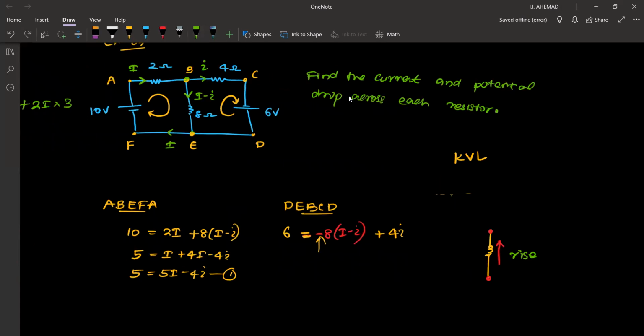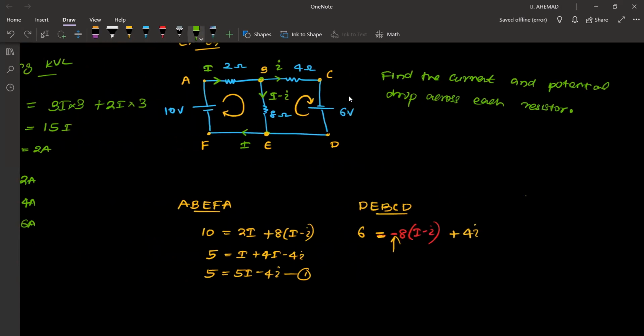So here, when you are traveling in this direction, if you mark the drop, it will be like this, right? Because current is coming down. So if you are analyzing the circuit in this direction, it is a rise. So you use negative.